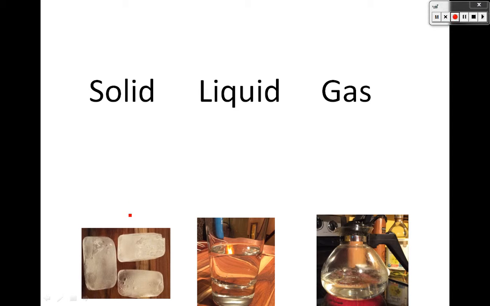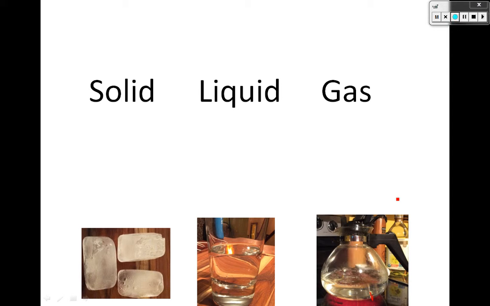Here we have three representative states of matter with the same matter. We have ice or solid water, we have liquid water, and then we have what we would call water vapor or gaseous water, or sometimes we even say steam, although technically that's not gaseous water. You can see some bubbles going on in here. It's not a great picture, but it'll do.